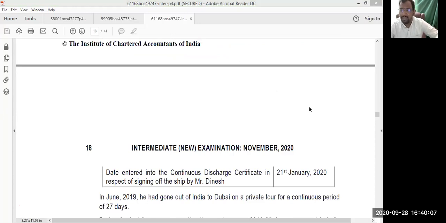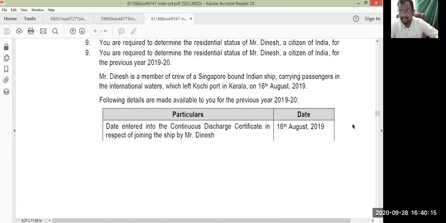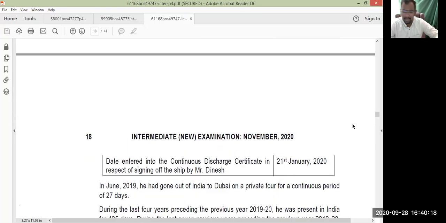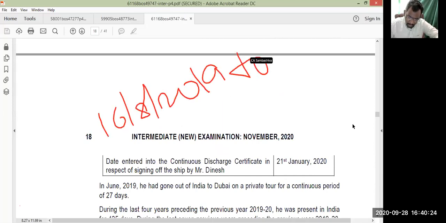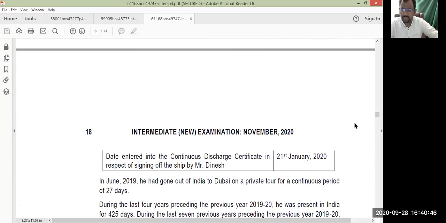While calculating the number of days stayed in India, this period from the date entered into the continuous discharge certificate, 16th August 2019 to 21st January 2020, you should treat as a period of stay outside India. Only for the remaining period can you take the period of stay in India. Then basing on that you need to determine the residential status. This provision we already know.